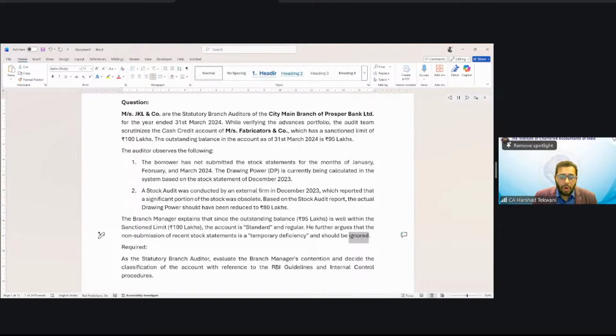In this scenario, all 3 things are there. As a result, instead of calling this a temporary deficiency, I will classify this particular account as an NPA. Clear? Any doubt?